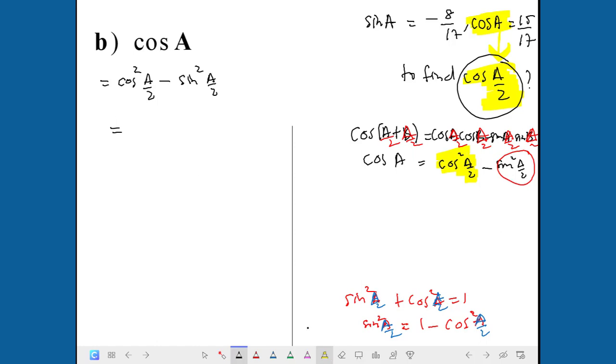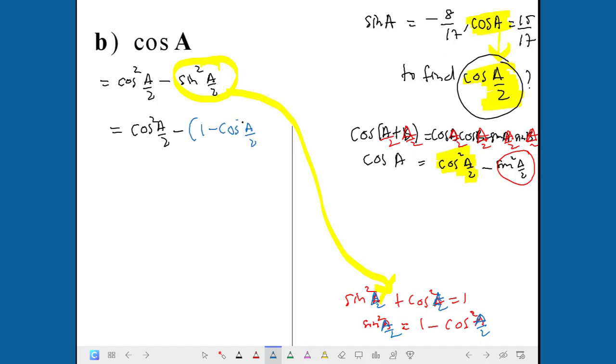And then here, change sin to cos using the identity: cos A over 2 squared minus (1 minus cos A over 2 squared). Simplify: negative 1 plus 2 cos A over 2 squared.